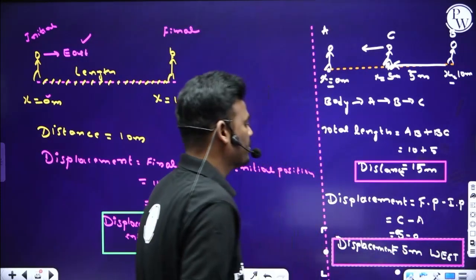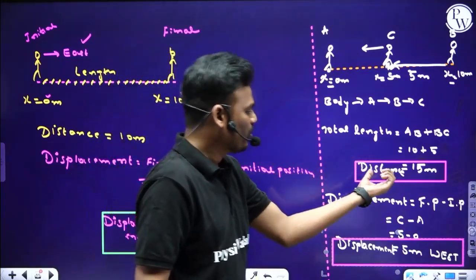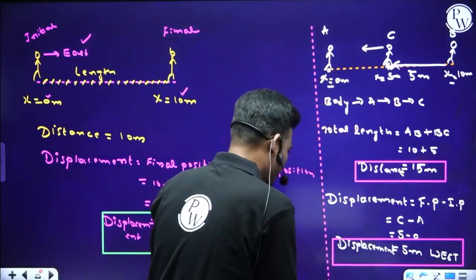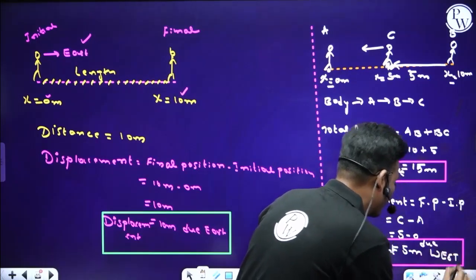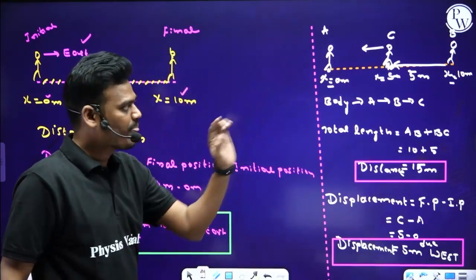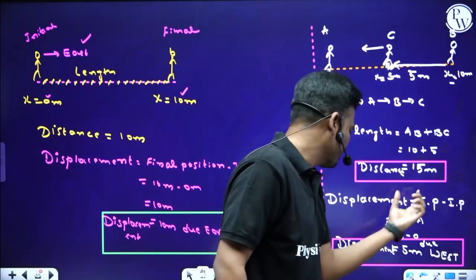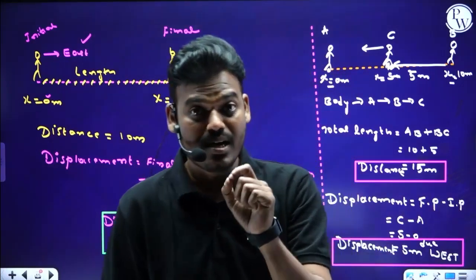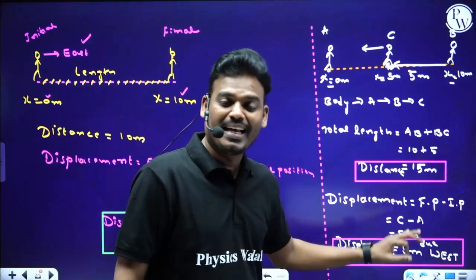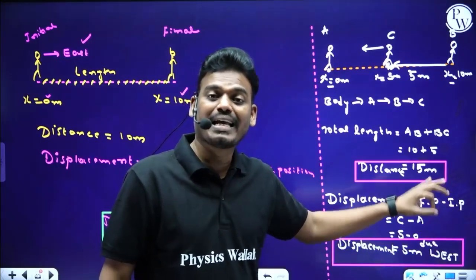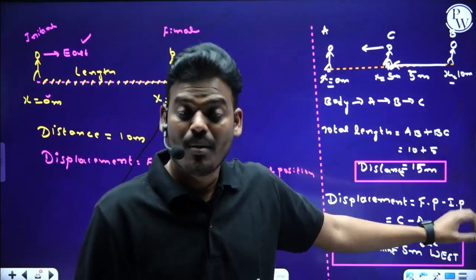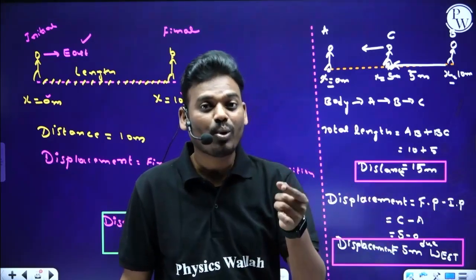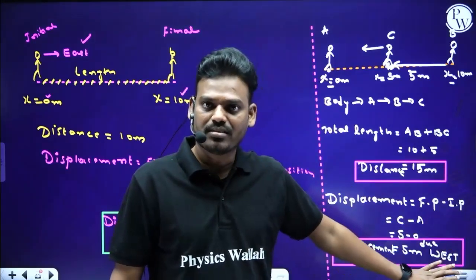For distance there is no significance of direction, but here we can see the direction, due west. There is one important condition: displacement cannot be greater than distance, but it can be equal to or less than distance. That is the significance.